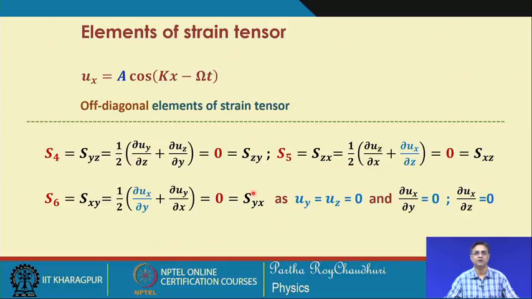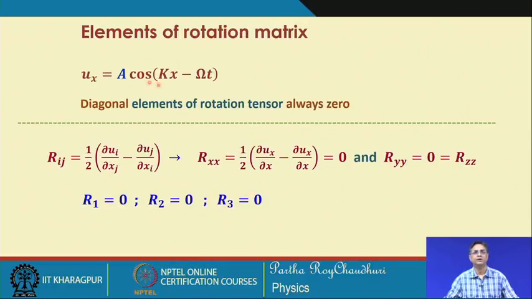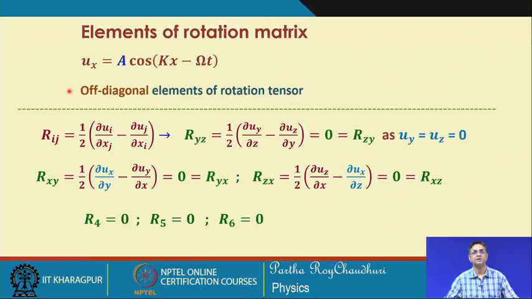Therefore, it is now very straightforward. For the rotation matrix Rij, all diagonal elements are identically 0. This is true for all rotation matrices, and for the off-diagonal case, Ryz is equal to 0, because uz and uy are also 0 individually.